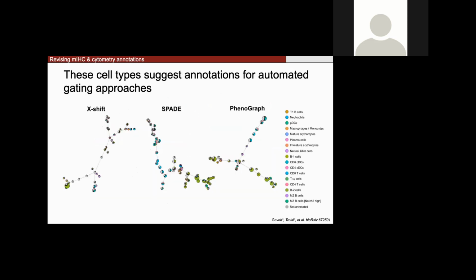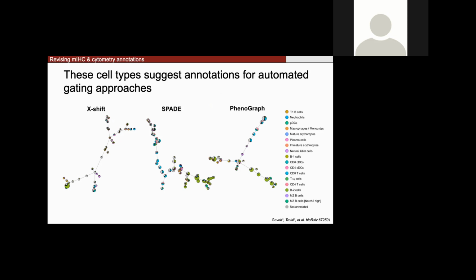We can use these cell types that were guided by the mapping, and we've annotated using our CITE-seq atlas to inform annotations for the gated populations of some of these automated gating approaches like XShift, SPADE, and PhenoGraph.